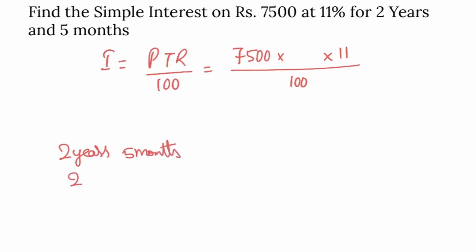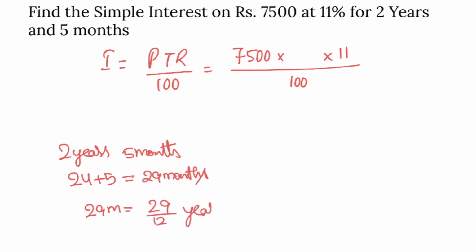2 years are equal to 24 months plus 5, 29 months. 29 months are equal to 29 by 12 years. If you want to convert months into years, just divide by 12. So principal is 7,500.